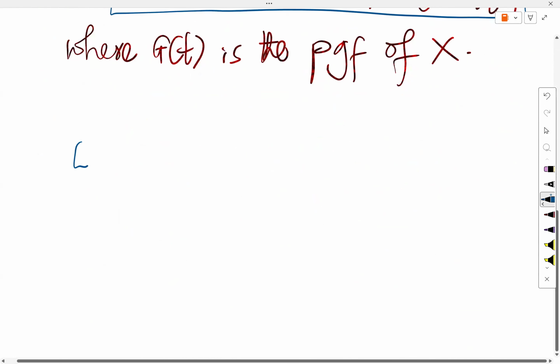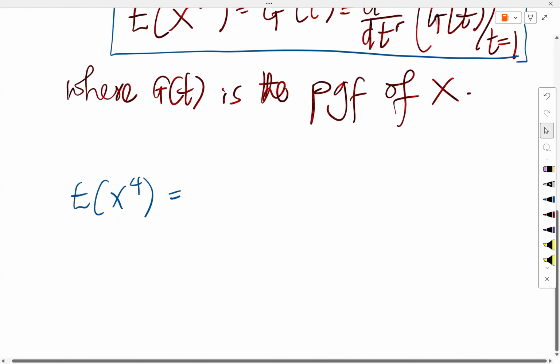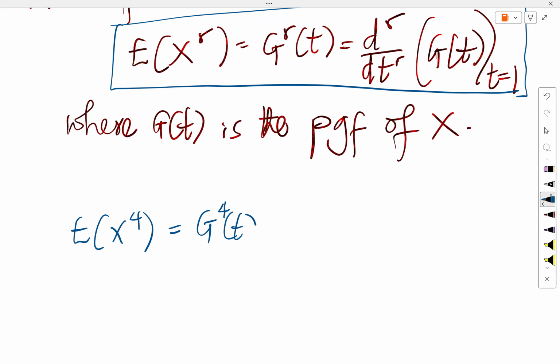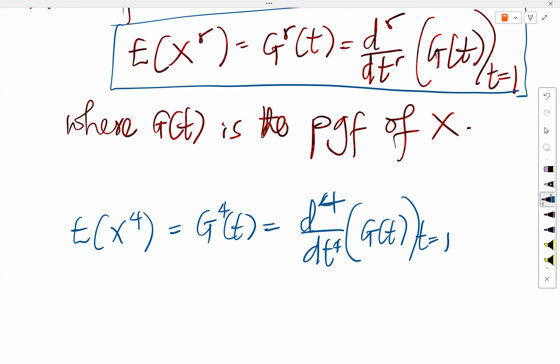So if you're looking for the expectation of x raised to power 4, then that means you're talking about the fourth derivative, or simply let me say g4, the fourth derivative of the probability generating function, that is d4 over dt4 of g of t, and then you evaluate that at t equals 1.